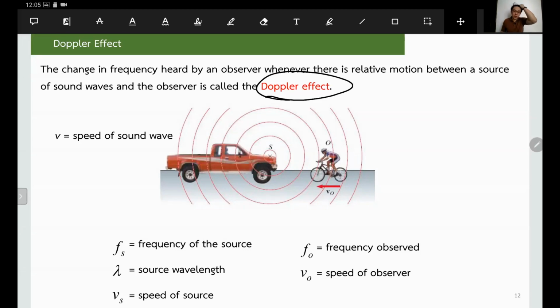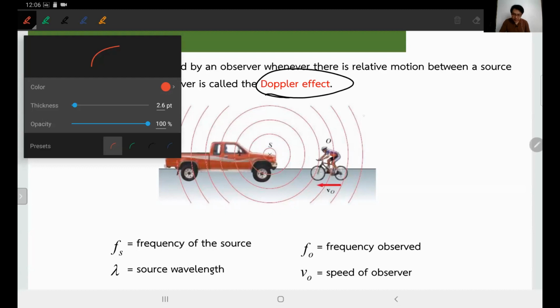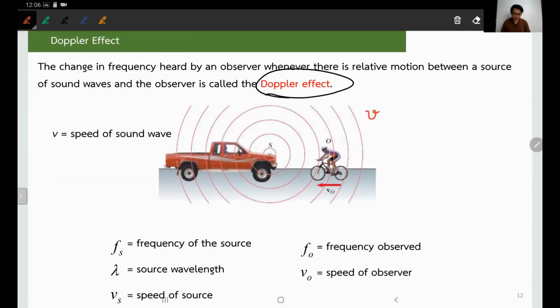So what we are looking at right now is three velocities that we will have to discuss. First, the speed that has to be there all the time is the speed of sound. Of course, we cannot escape that.